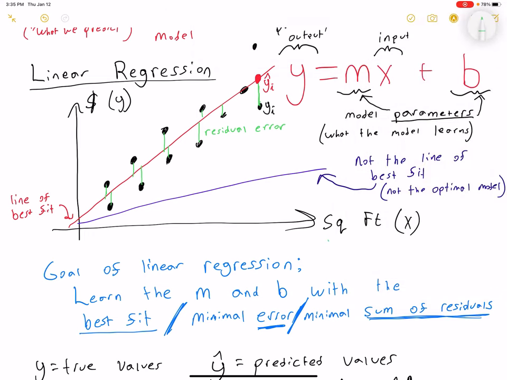So the x-axis are the inputs to the model. The y-axis is what you're predicting. But the line that you're using to predict just has one slope and one y-intercept. You have a bunch of different data points that you can predict with using that line, but the slope and y-intercept of the line are constant.